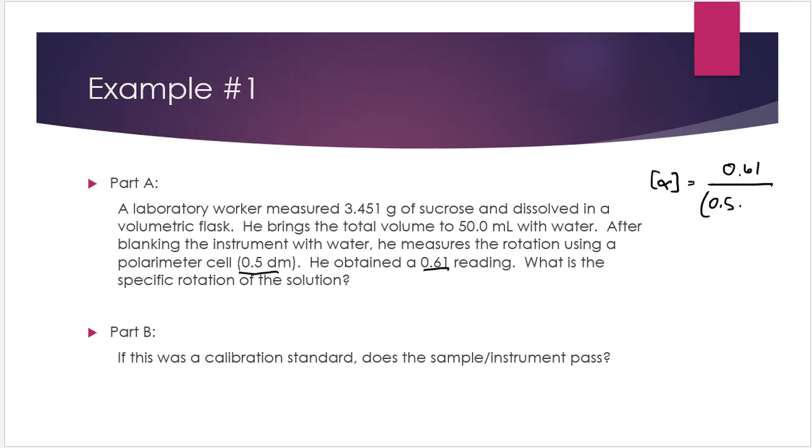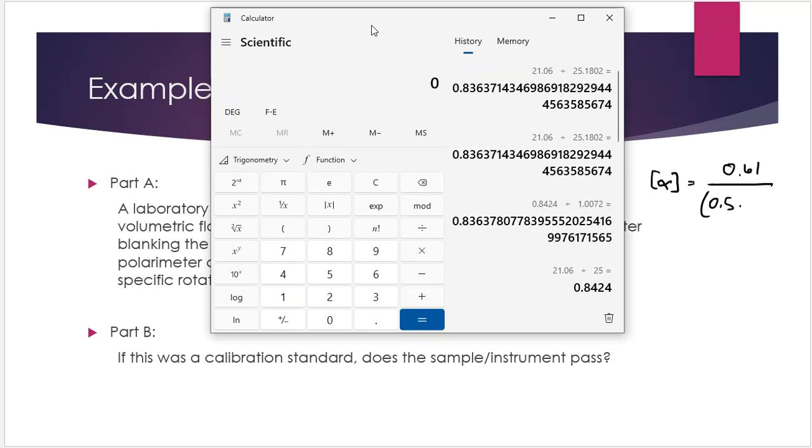And then next, because this is a solid that has been dissolved in water, we need to figure out the concentration, and the concentration should be provided in grams per milliliter. So if I take the amount of grams that this person weighed out, 3.451, and divide by the total volume, which was brought to 50, this is going to give me the concentration in terms of grams per milliliter.